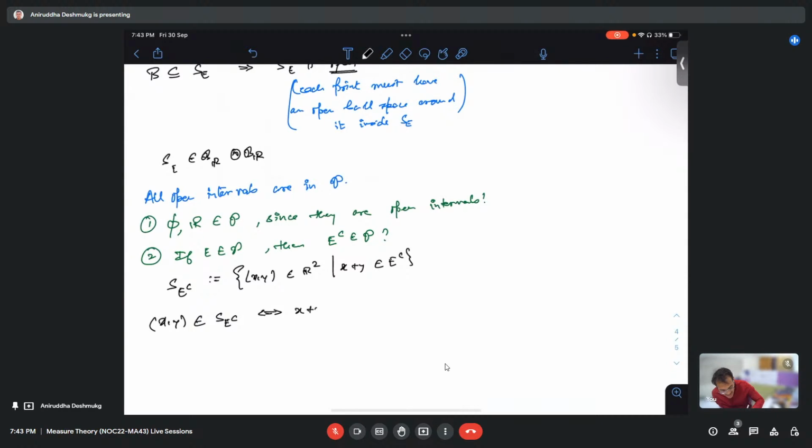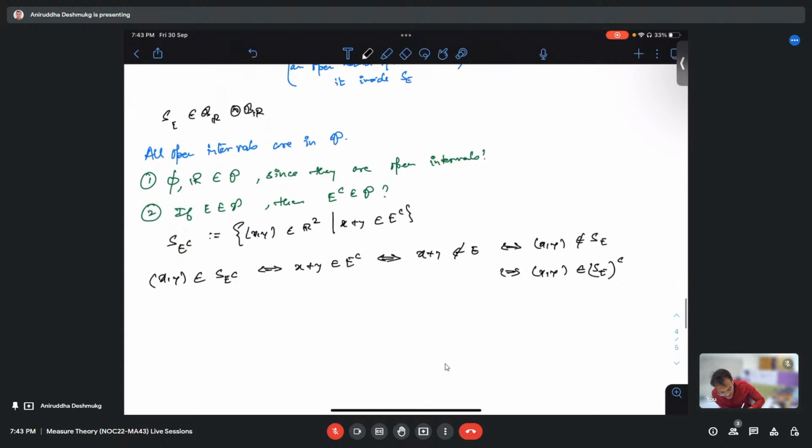This is same as saying x plus y is inside E complement, which is same as saying x plus y is not inside E, which is same as saying (x, y) is not inside SE. But the last one is same as saying (x, y) is inside SE whole complement. So therefore, S of E complement is actually equal to SE complement.